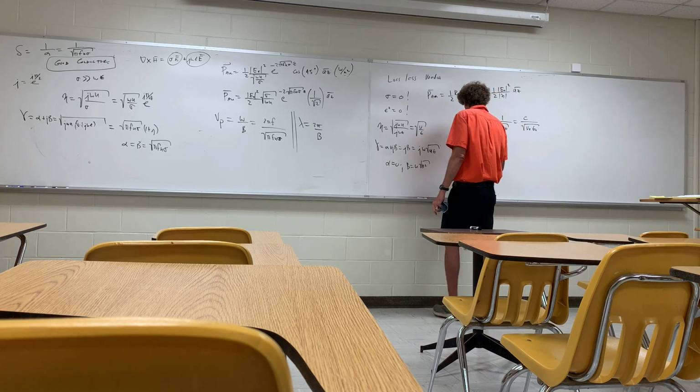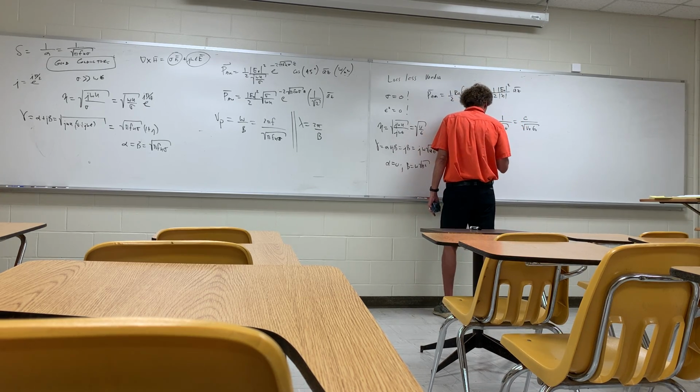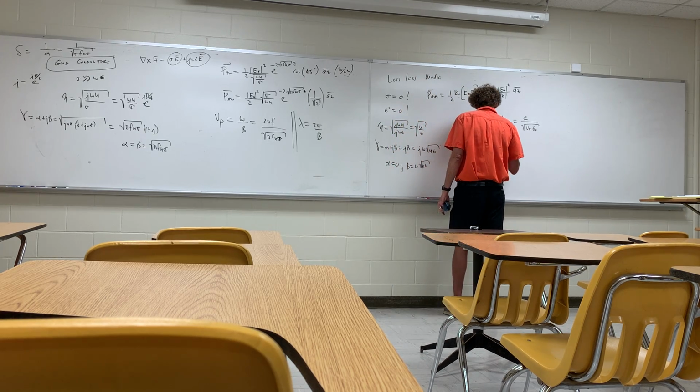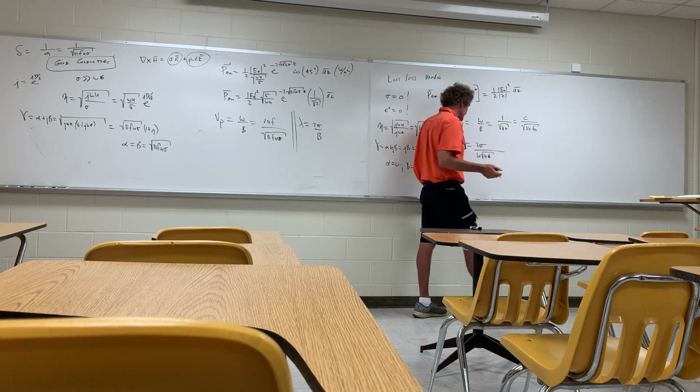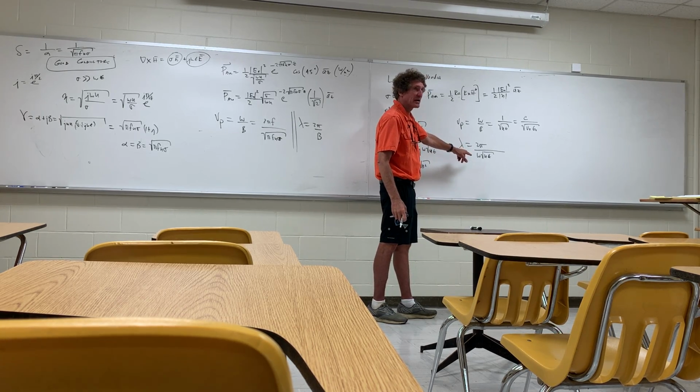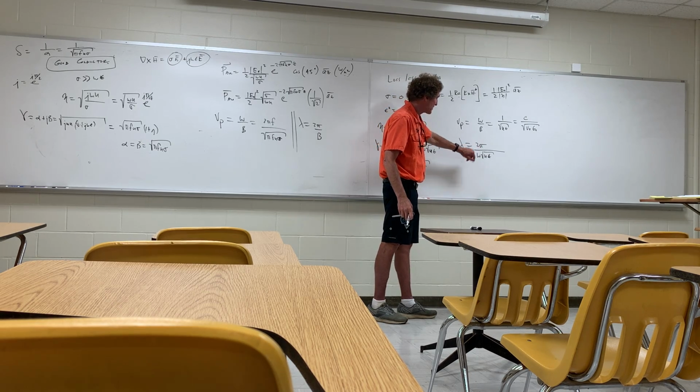And what's wavelength? 2 pi over beta, right? And beta itself is just omega square root of mu epsilon. So that's wavelength too. And if you want to, you could say that omega right here is 2 pi f, and you can get rid of the 2 pi's on the top, and you have f, right?